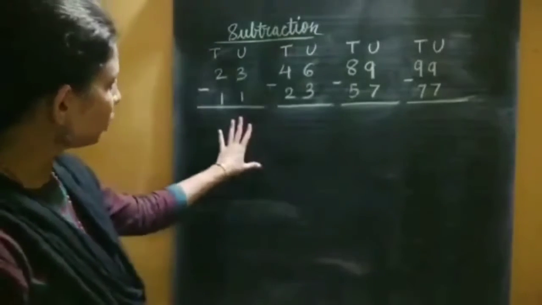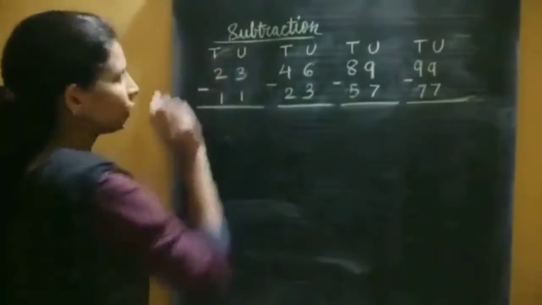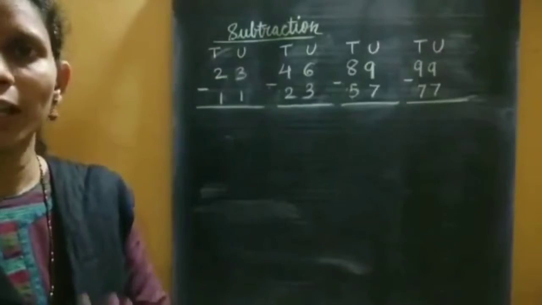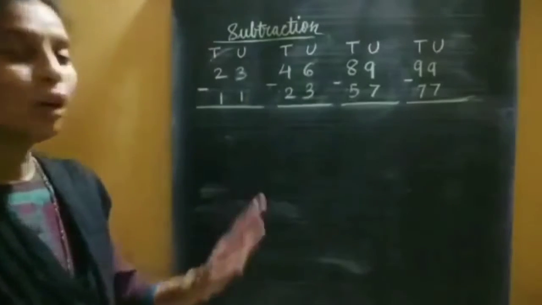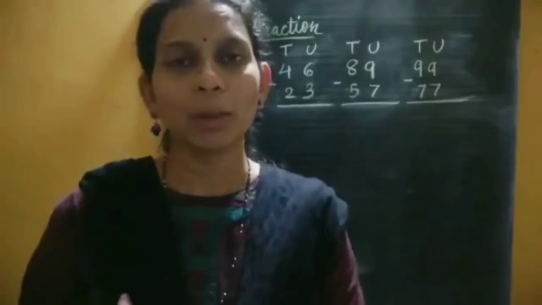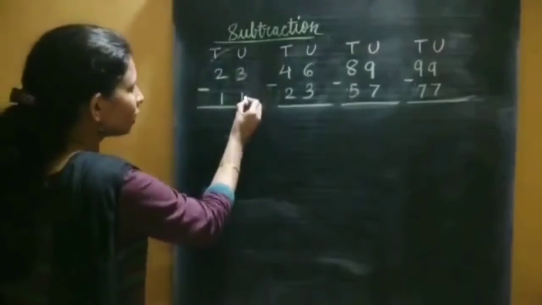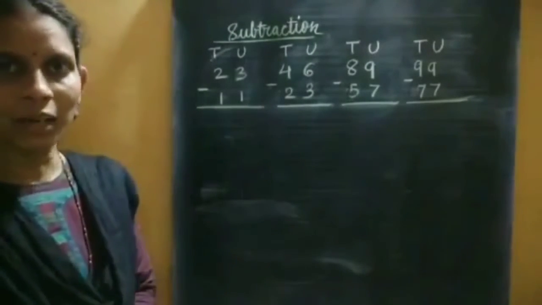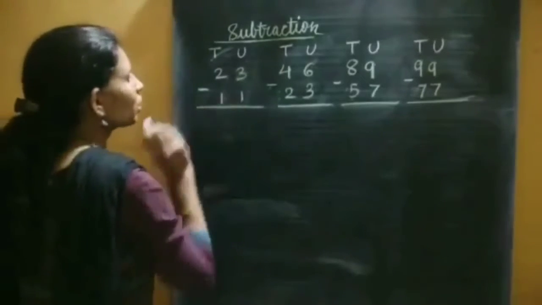In two digit numbers there are two places, unit place and tens place. Can you see here? There are two places, unit and tens. So the first step is subtraction of units from units, meaning 3 minus 1. And the second step is tens from tens, meaning 2 minus 1.